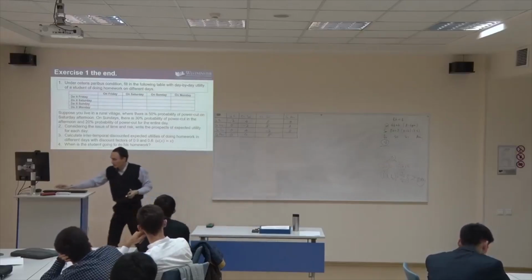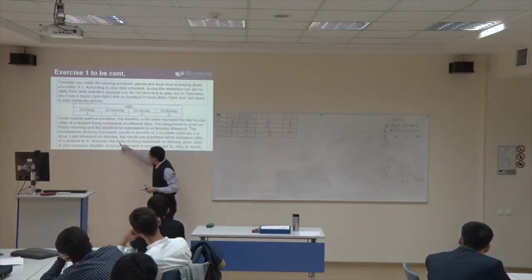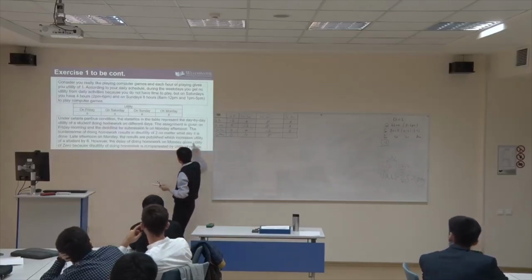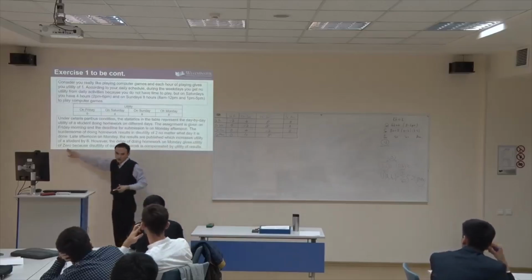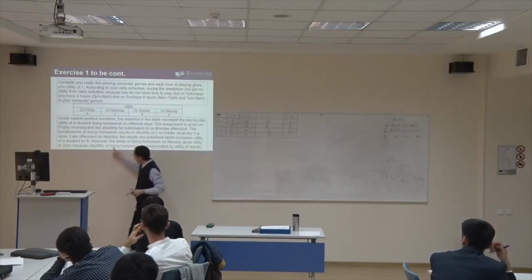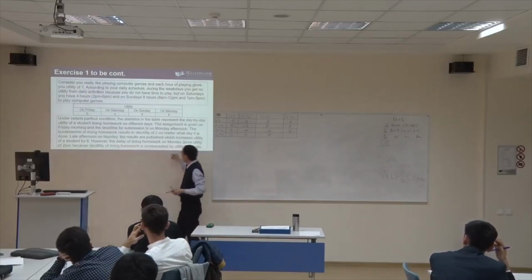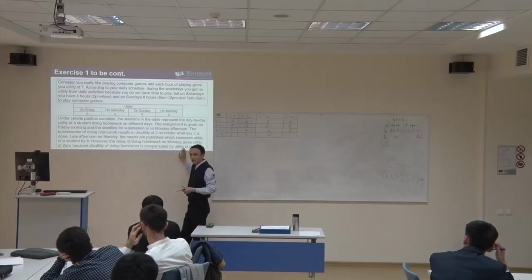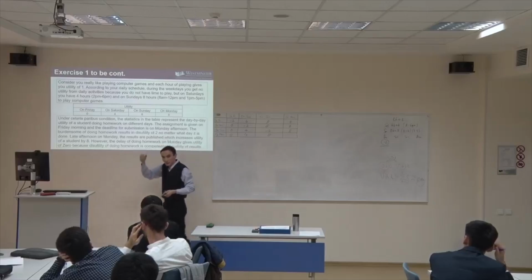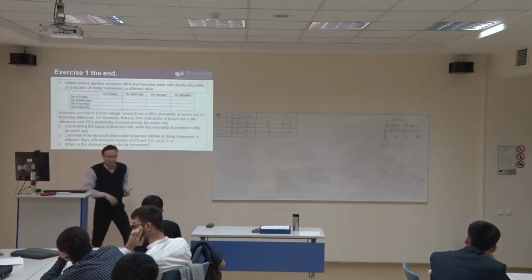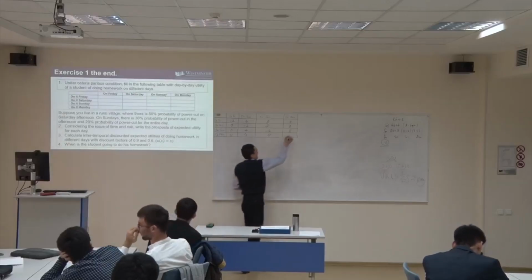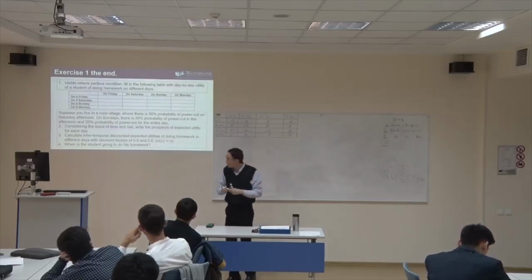So look, the last point here: the delay of doing homework on Monday gives utility of 0, because the utility of doing homework is compensated by the utility that you get from the results. So it's 0. Done. We are done, students, with this one.